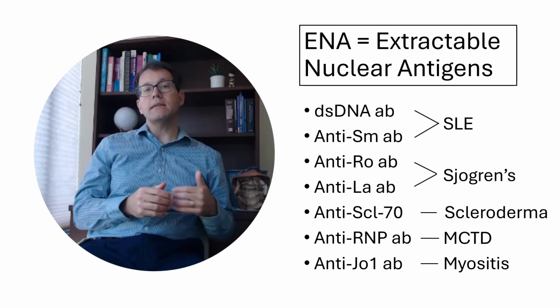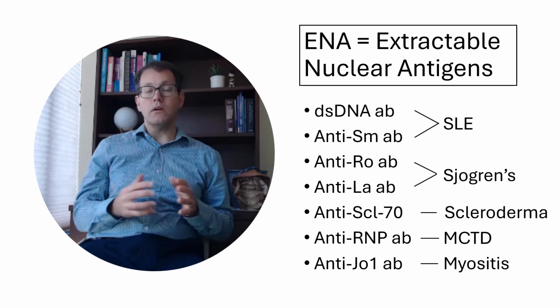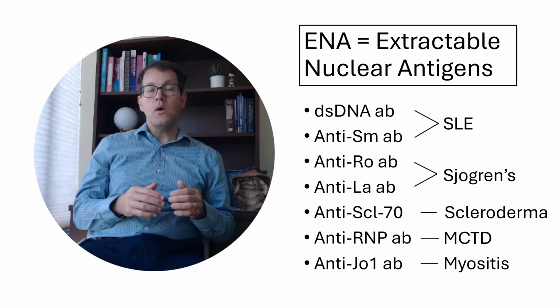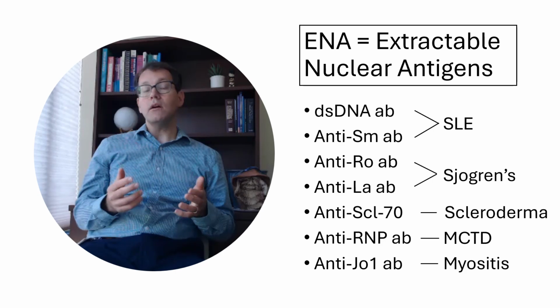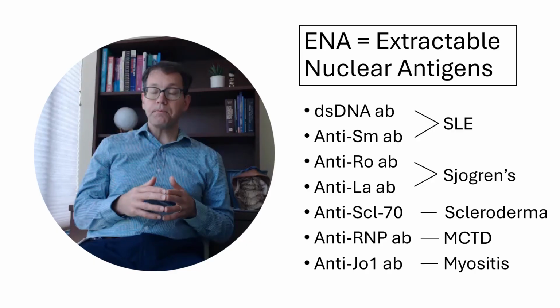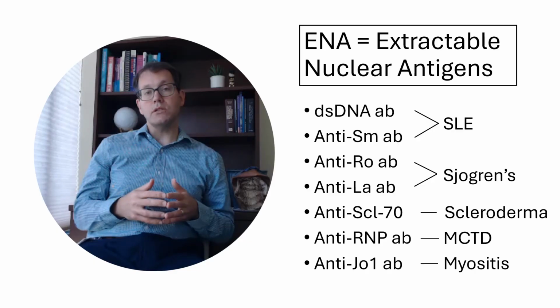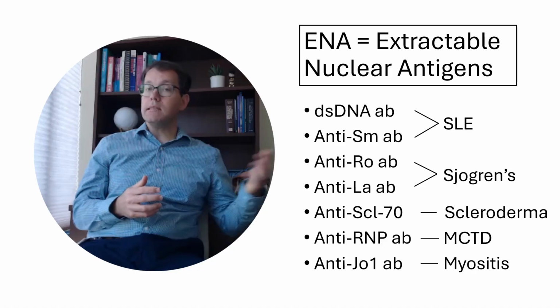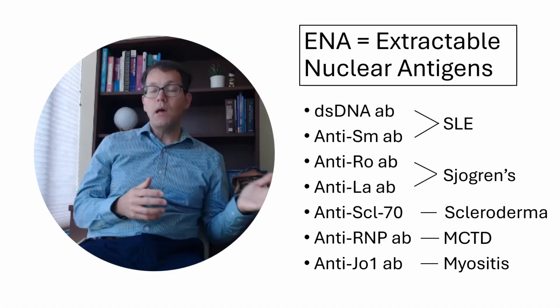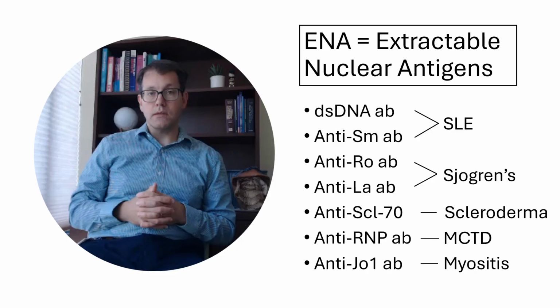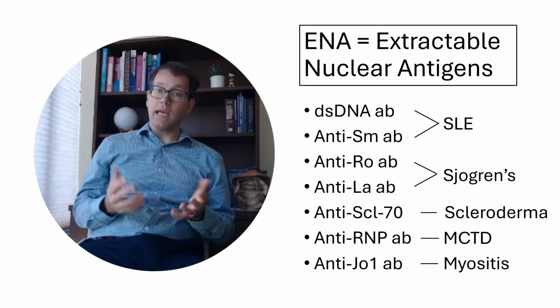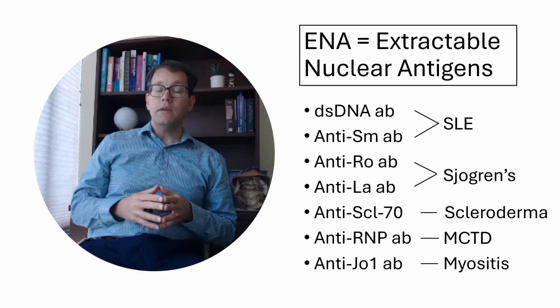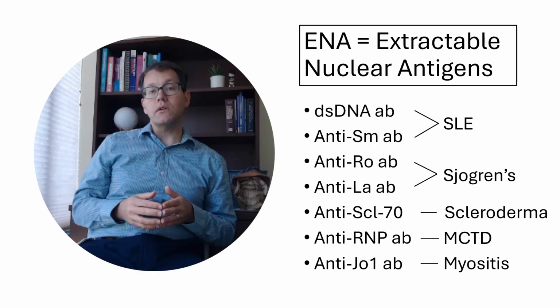Similarly, if someone has an anti-Ro antibody, also known as SSA, or an anti-La antibody, also known as SSB, they have a much higher association with Sjogren's syndrome. Now, those patients might still have systemic lupus, but more often than not, Sjogren's is going to be the correct diagnosis. If someone has an anti-Scl-70 antibody, that has a strong association with scleroderma.